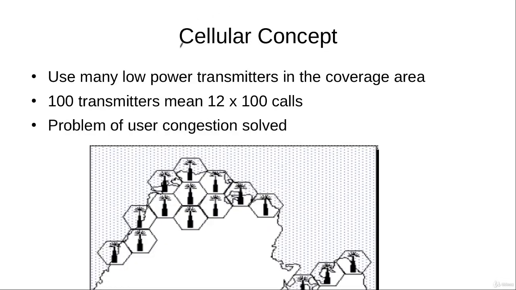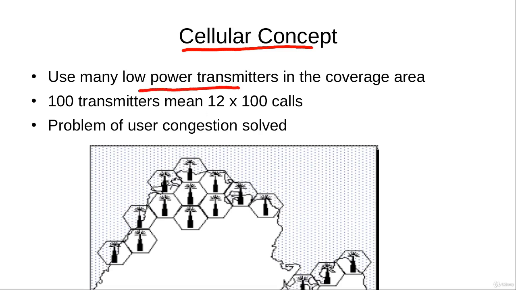In order to solve these problems, the cellular concept was introduced. In this concept, instead of using one powerful transmitter, we used many low power transmitters with smaller coverage areas.